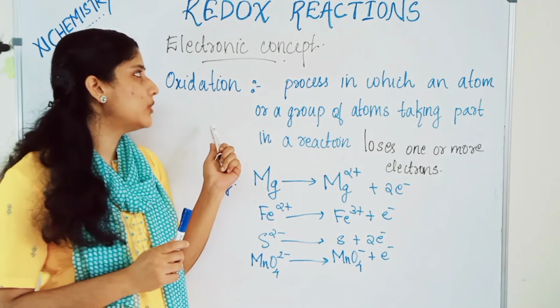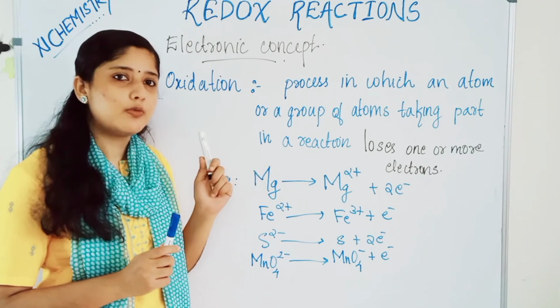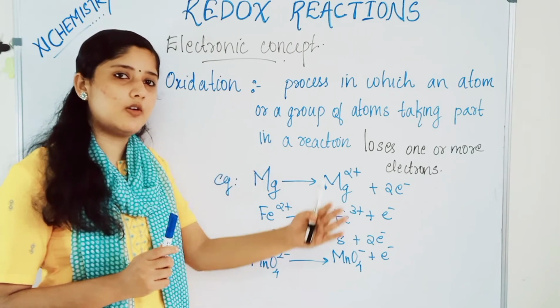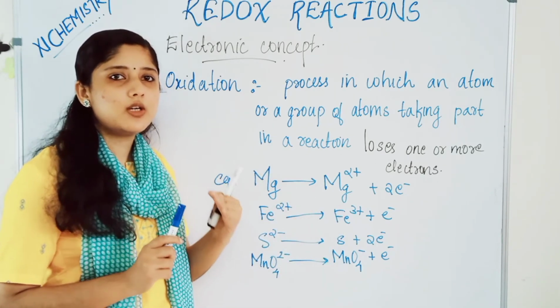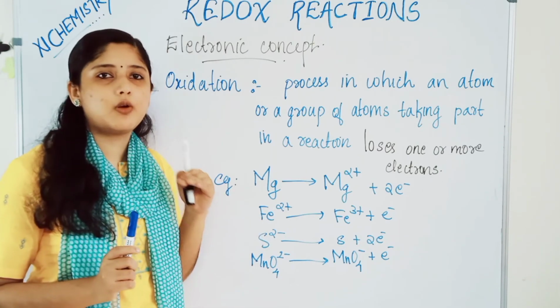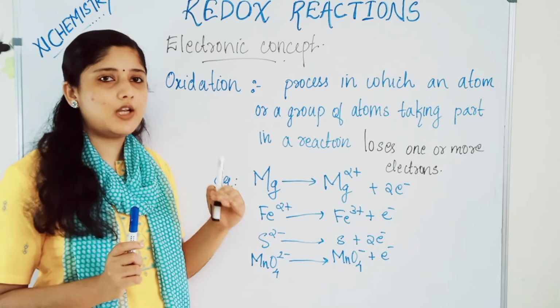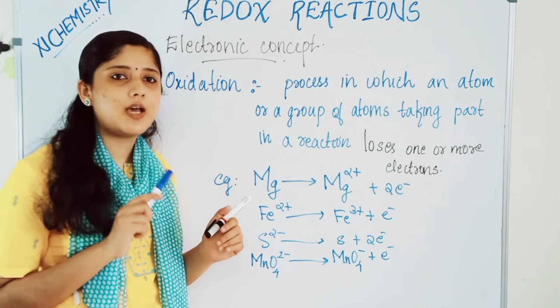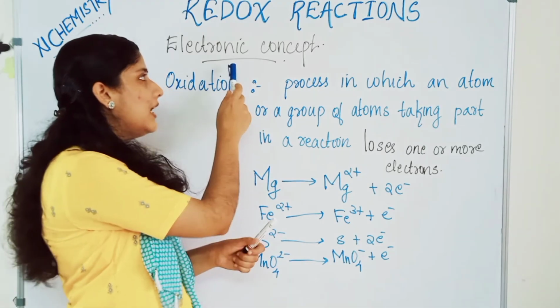Now moving on to the electronic concept of both oxidation and reduction. What is the electronic concept? This concept is now used as the definition for oxidation and reduction. You can clearly explain each example with this electronic concept.